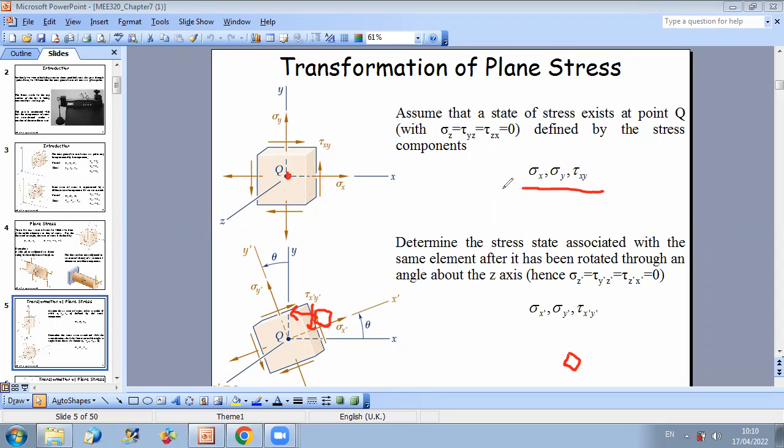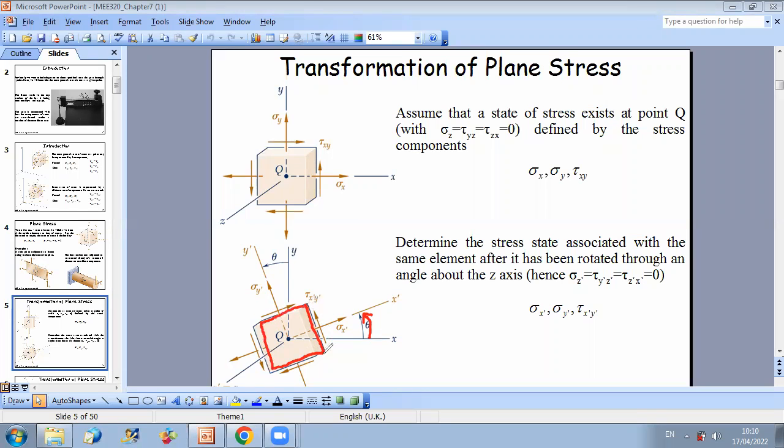And knowing these stresses, we want to deduce what will be the values of stresses in another frame, x prime, y prime, z prime. So the idea is the following. I did a certain rotation, as we mentioned before, and now I have a new cut for my faces, for my elements.